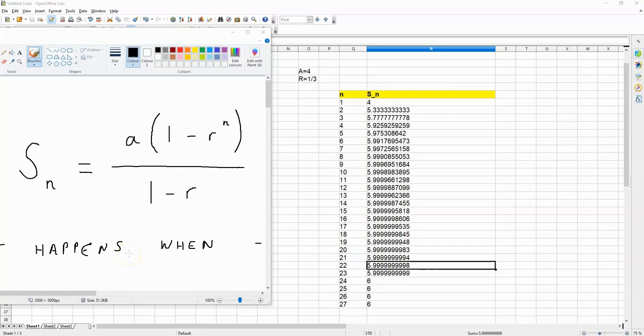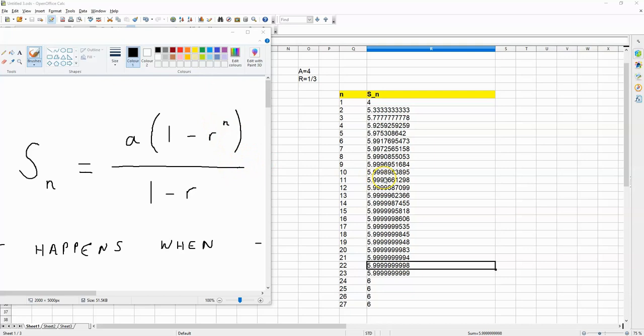So let me demonstrate what this means. I've replaced a in this formula with 4, and I've replaced r with a third. And what I'm going to do is keep on adding terms to this formula. So n is going to become larger and larger.